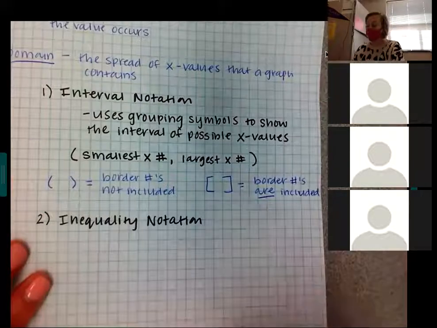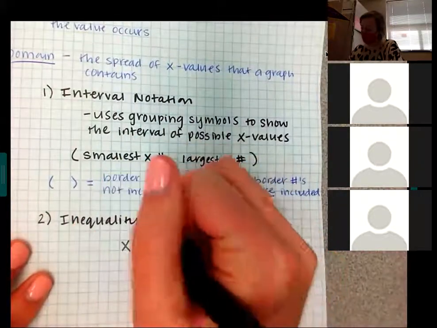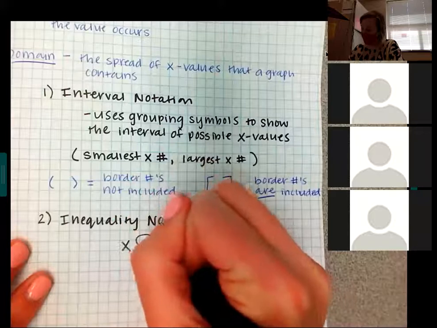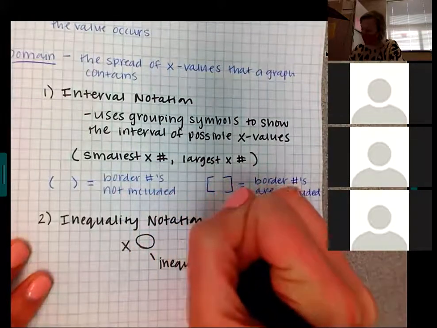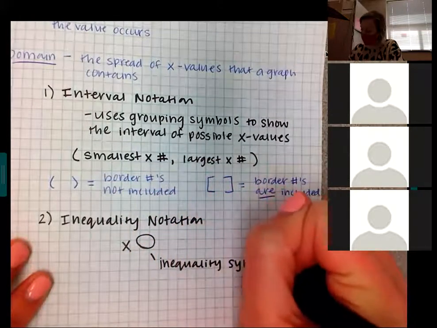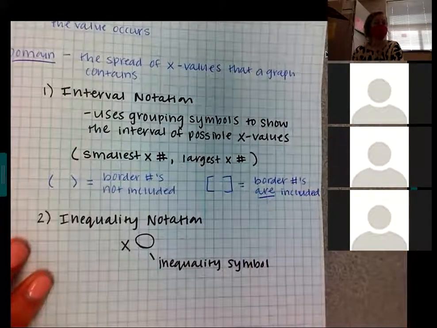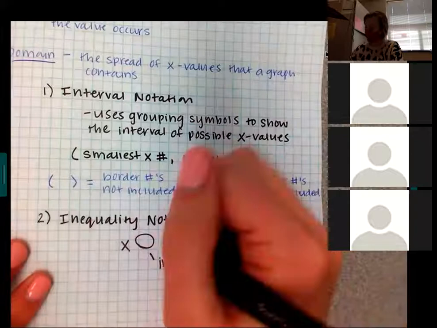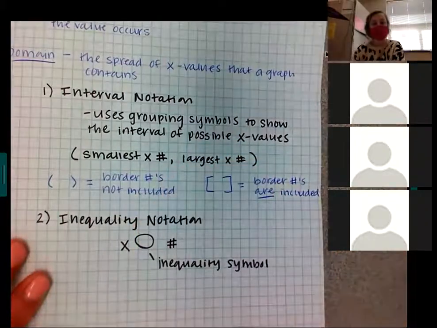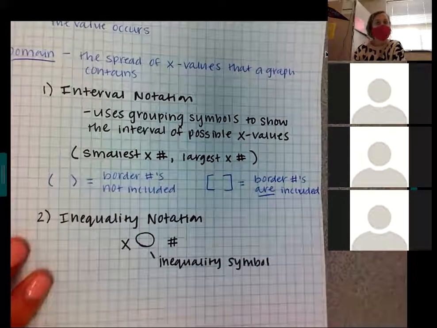So inequality notation is just where you say X, and then you have an inequality symbol, and then whatever number. Again, I will show you examples.